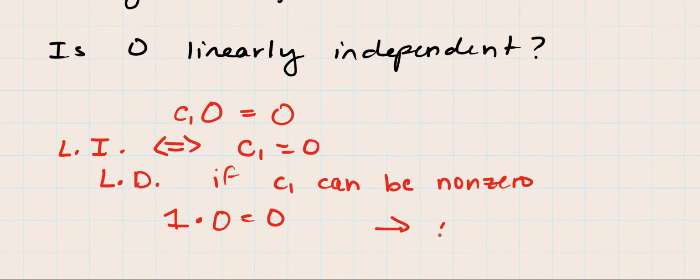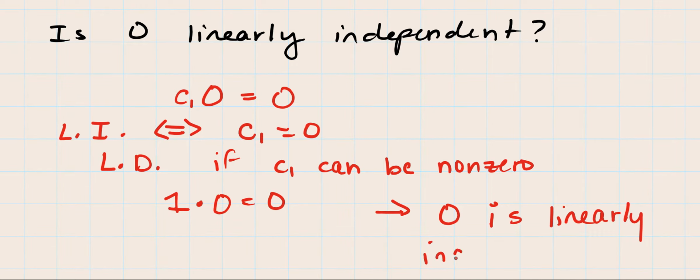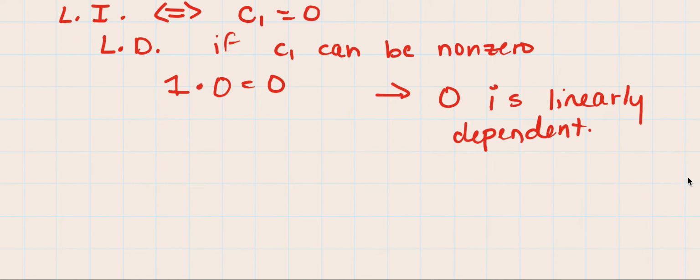So 0 is linearly dependent. Why I think that's weird is because when we say linearly dependent, if we have 3 vectors, we say they're linearly dependent, then one of them depends on the other 2. But here you have the 0 vector depends on itself, so it's kind of like a strange statement. But yeah, it's linearly dependent. 0 depends on 0.